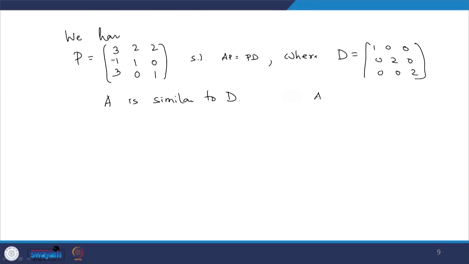This implies that A is similar to D, that is, A equal to P D P inverse. That is basically the beauty of a diagonalizable operator or matrix. We will continue in the next class. Thank you.